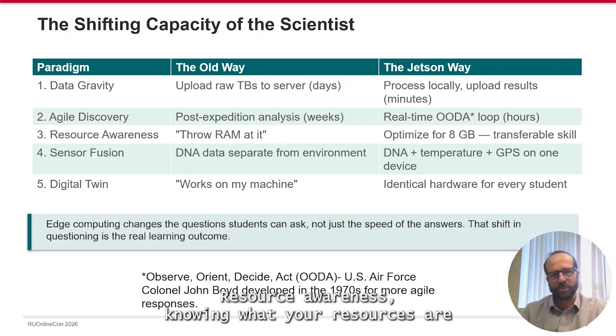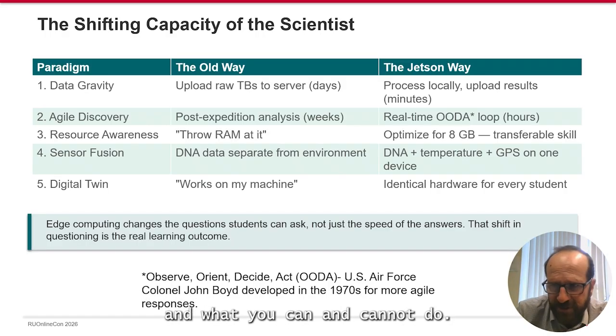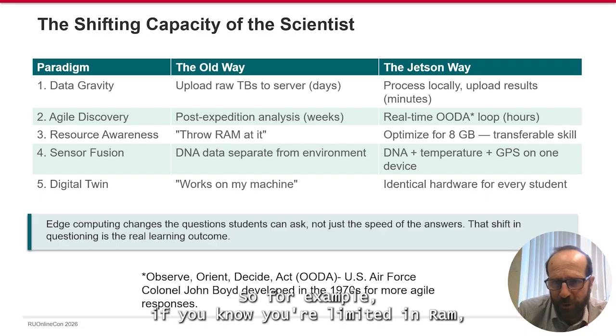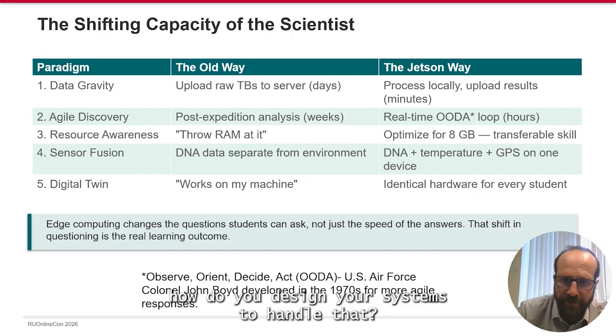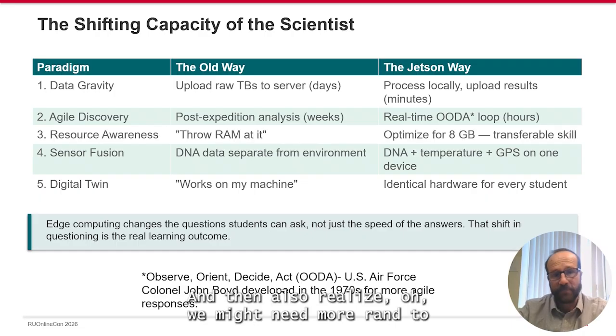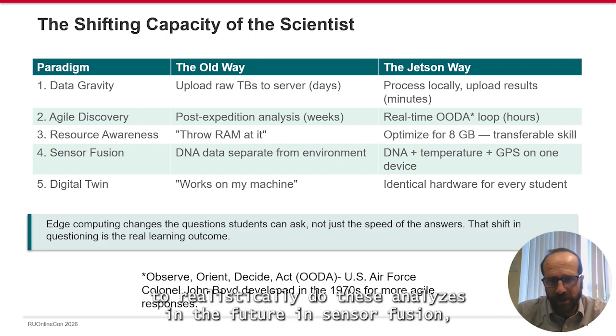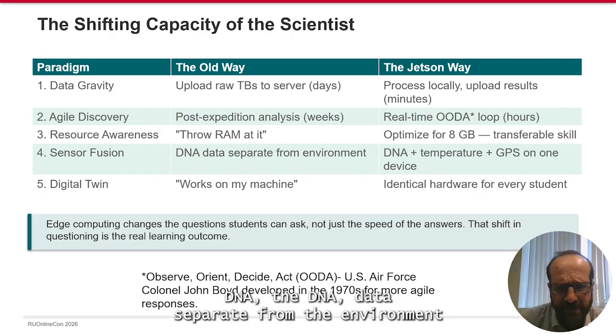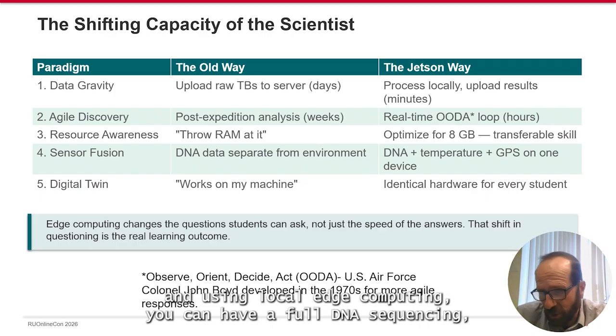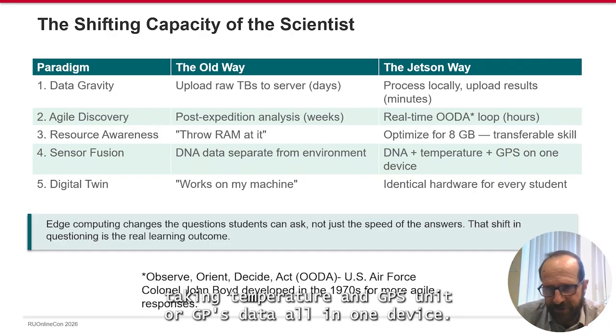Resource awareness, knowing what your resources are and what you can and cannot do. So for example, if you know you're limited in RAM, how do you design your systems to handle that? And then also realize, we might need more RAM to realistically do these analyses in the future. In sensor fusion, DNA data is separate from the environment, and using local edge computing, you can have, for example, DNA sequencing, temperature and GPS data all in one device.